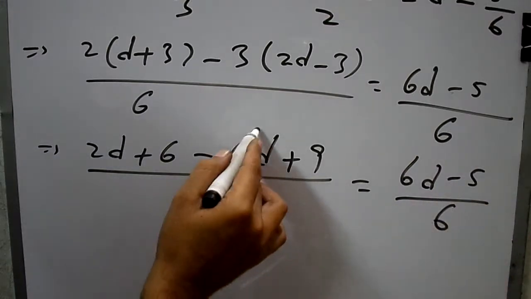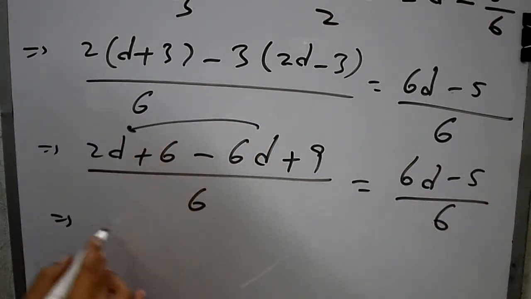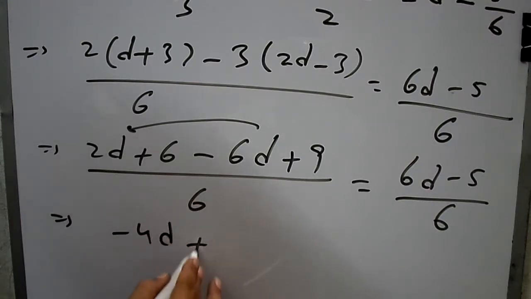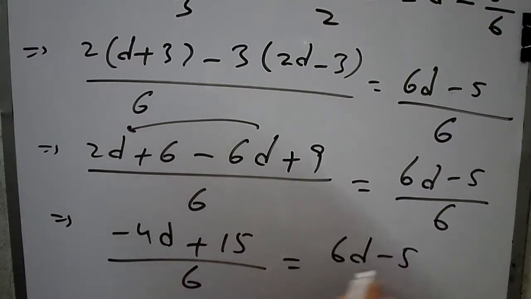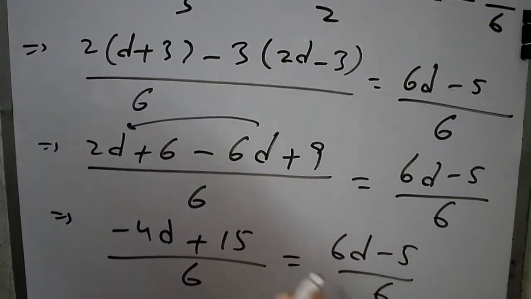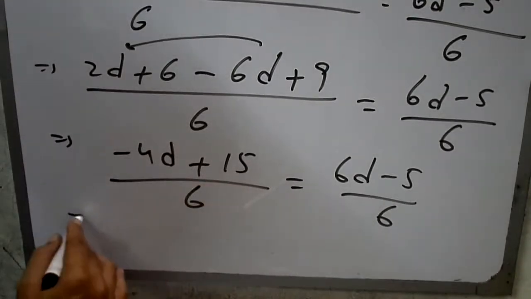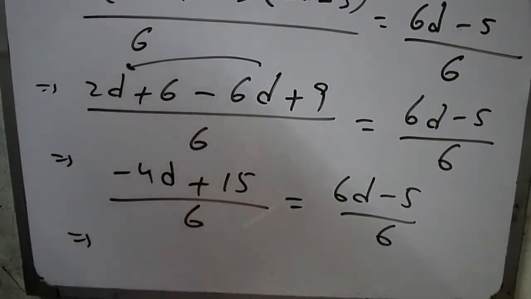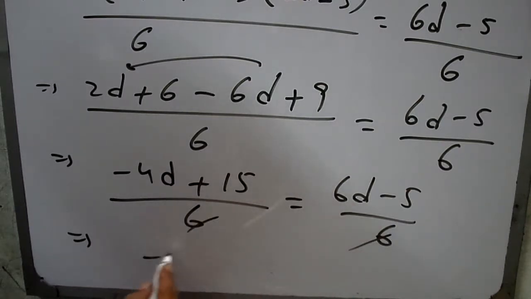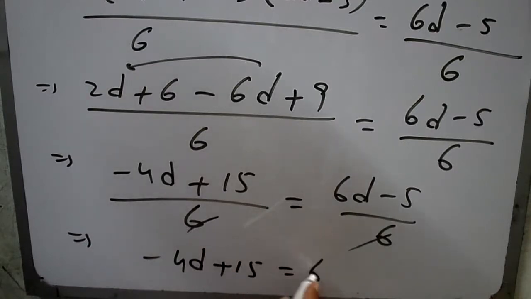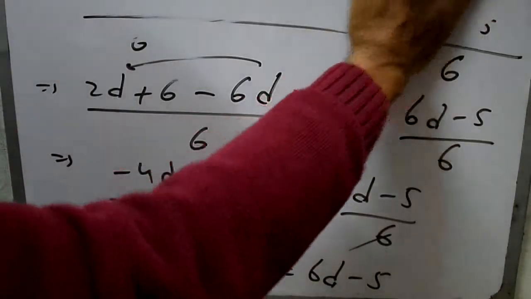By using similar terms adding and subtraction, you will get minus 4D plus 15 is equal to 6D by 6. By using cross multiplication, the denominators are equal, so they will be cancelled, so you will get minus 4D plus 15 is equal to 6D minus 5. So similar terms will be shifted to one side.